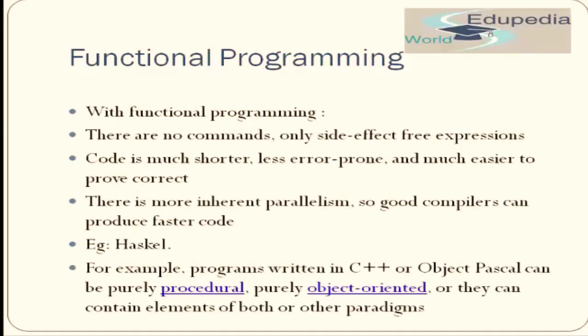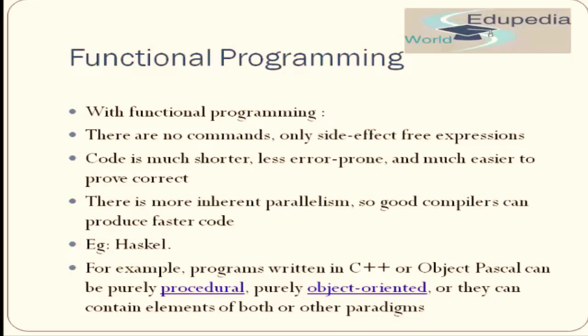With functional programming, there are no commands, only side-effect-free expressions. Code is much shorter, less error prone, and much easier to prove correct. There is more inherent parallelism, so good compilers can produce faster code. An example is Haskell, a pure functional programming language.